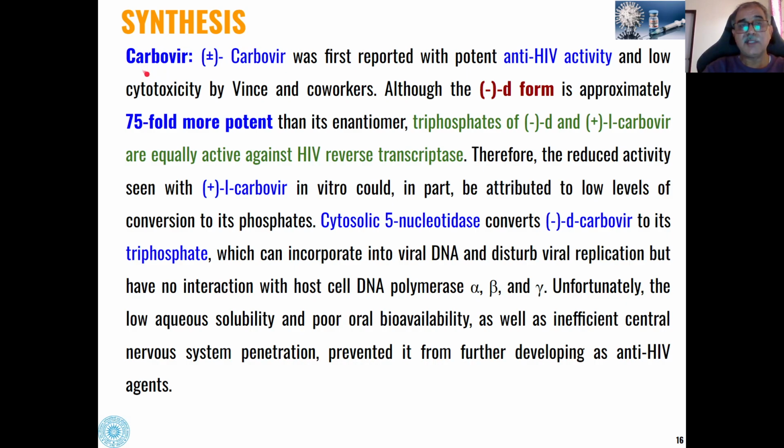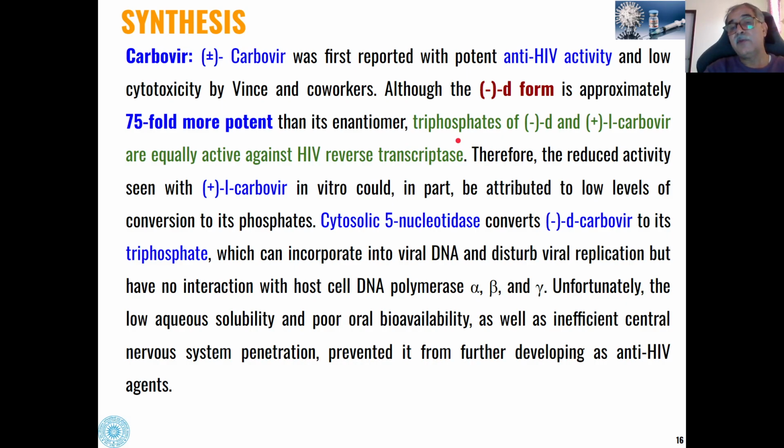And then last is carbovir. Carbovir is again an anti-HIV drug, and this has low cytotoxicity, as was reported by Vince and co-workers. Out of the two forms, the D form is 75 times more potent than the L form.